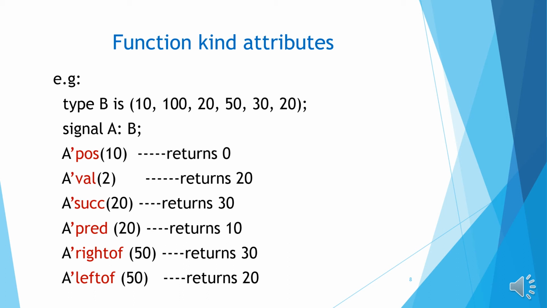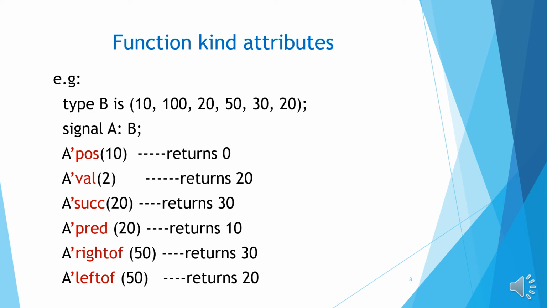So here a signal is created, and the name given to the signal is A tick position in bracket 10. So I am passing value 10 and I want to know the position number of 10. Here, the position number of 10 is 0. In digital we always start with 0, we never start with 1. So it will return 0.